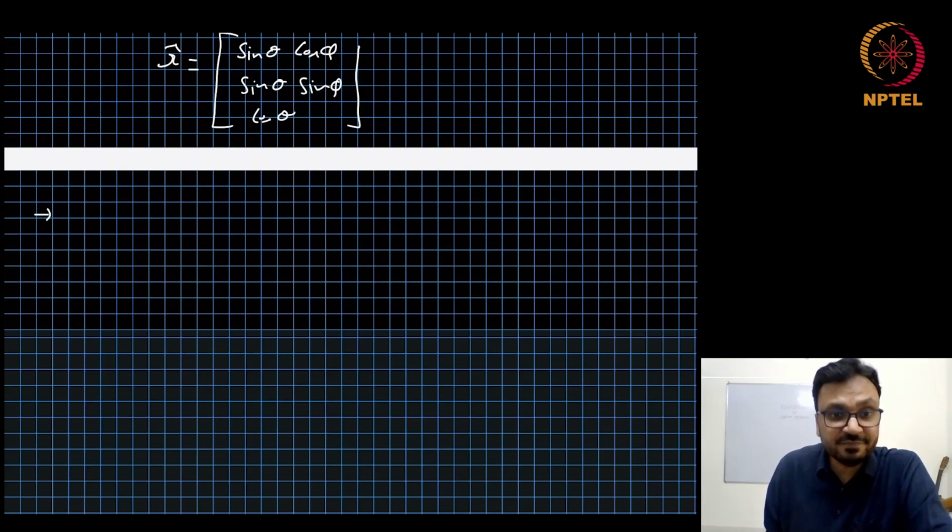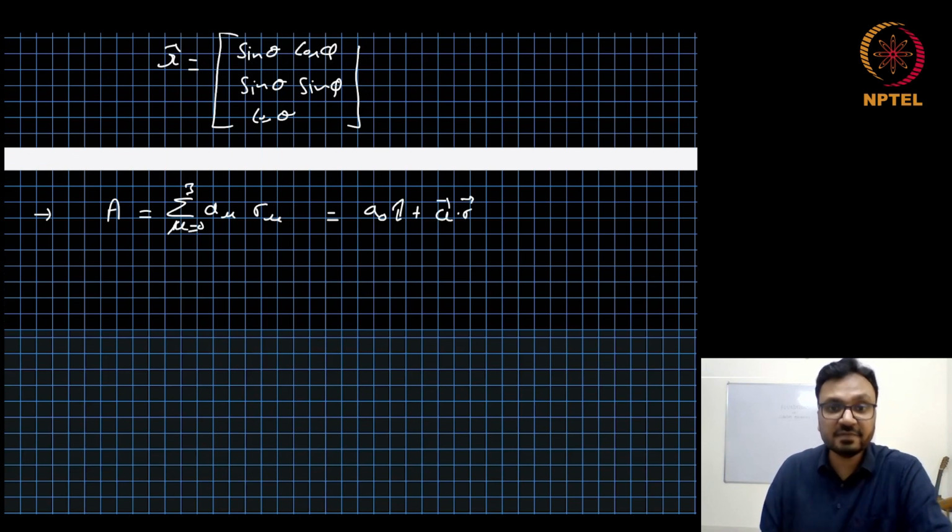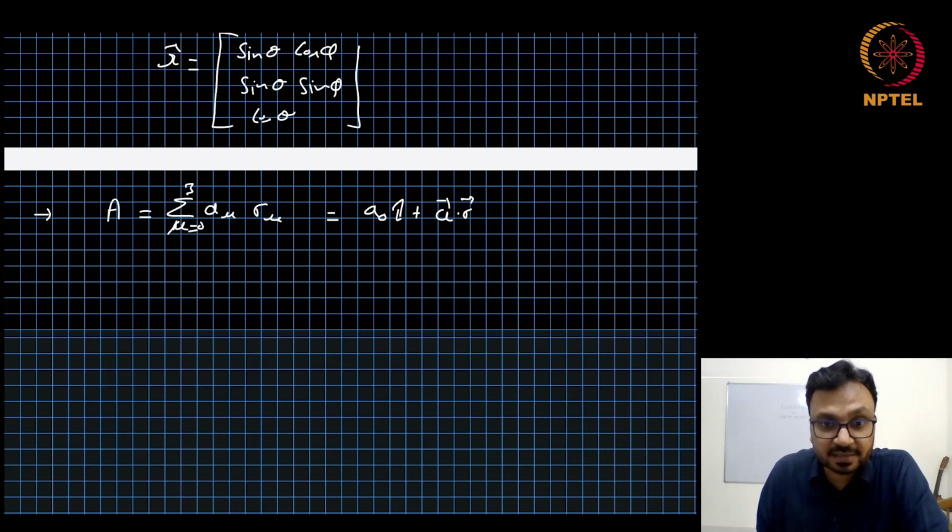Another interesting point: if we have an observable A, which can be written as a sum over mu from 0 to 3 of A mu sigma mu, that is, A0 sigma 0, which is identity, plus a sum over i from 1 to 3, we can write it as A vector dot sigma vector, where A vector is a three-dimensional real vector.